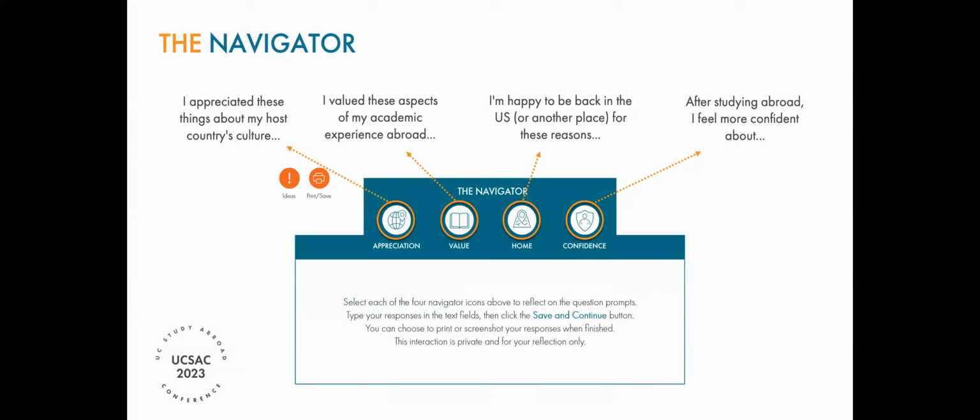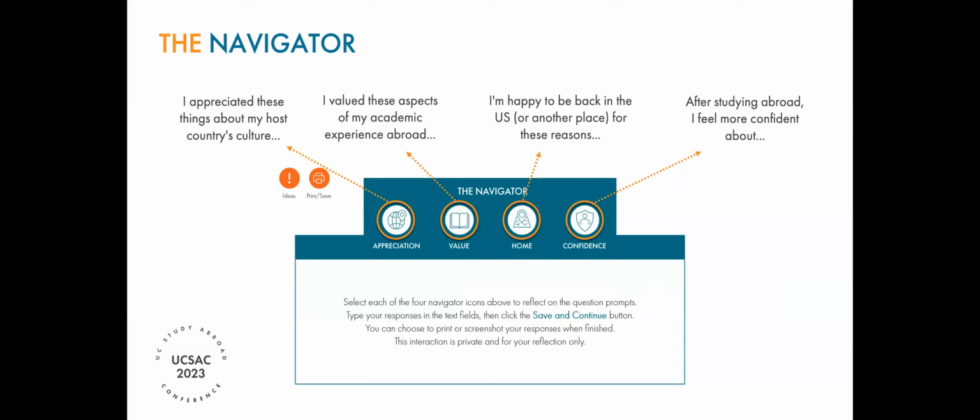So the learner clicks on the icons that you see in the orange, and they see these prompts that they can use in the space below to type in their responses. That box is a private space to jot down their thoughts, and they can print or save it for later. It's just a documentation of that reflection process.